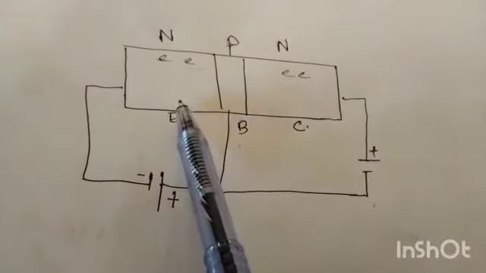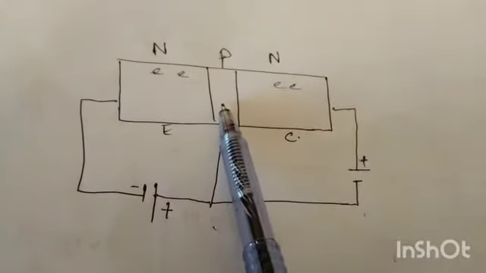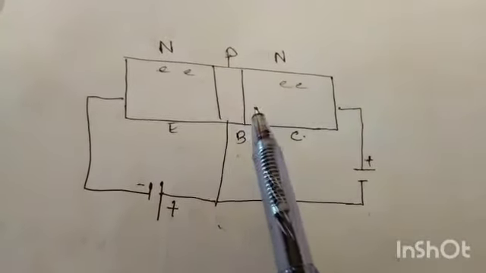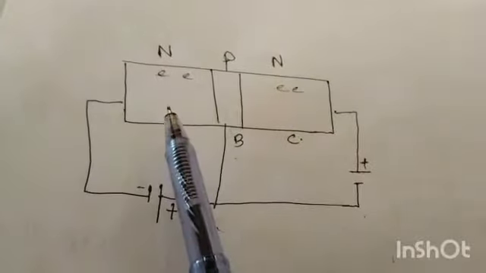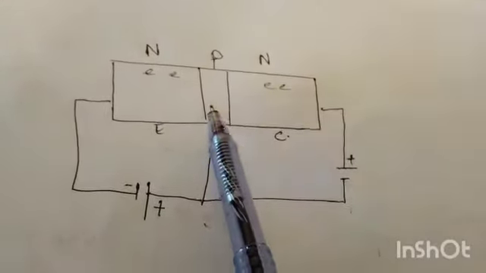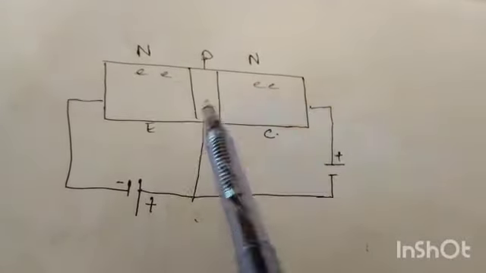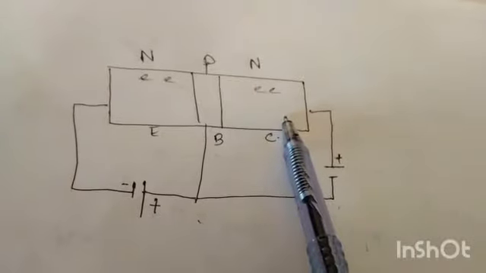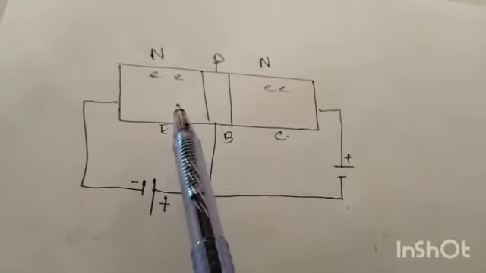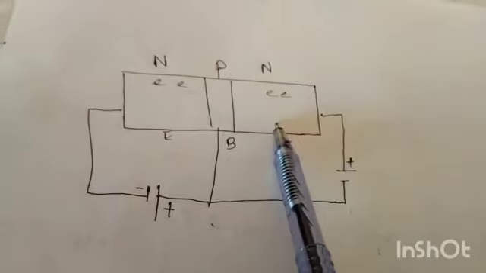So the electrons from the emitter move towards the base, and the base is a less doped region of the transistor. So some of the electrons which come from the emitter are collected or recombined with holes present in the base and the remaining electrons are attracted towards the collector. Most of the electrons emitted from the emitter are collected by the collector.